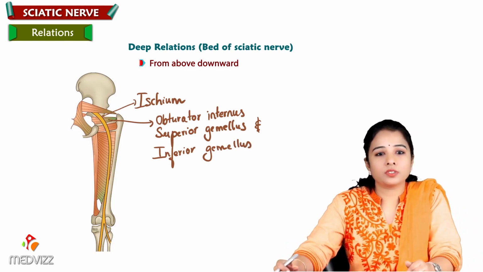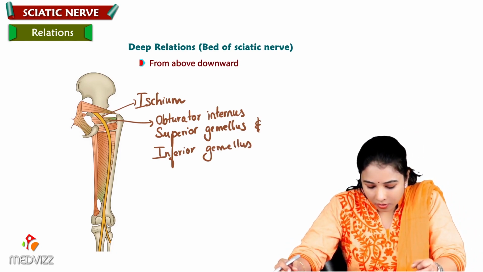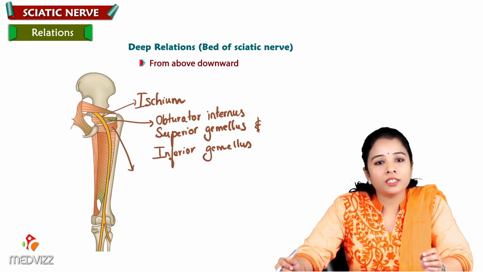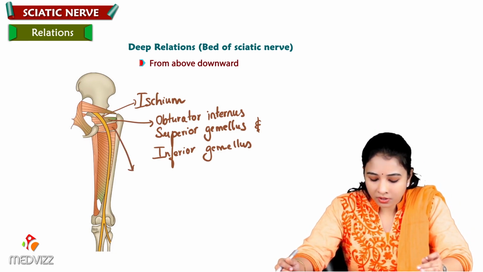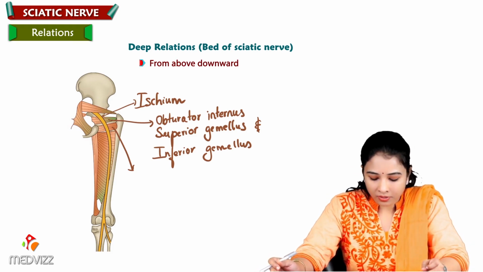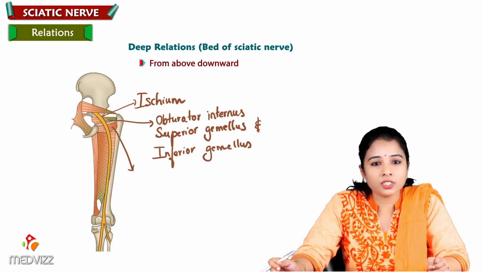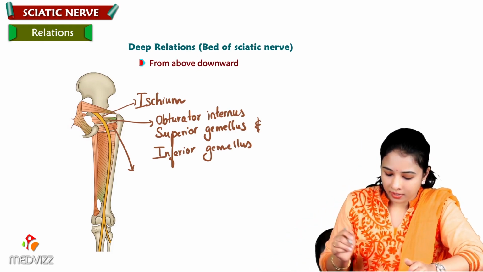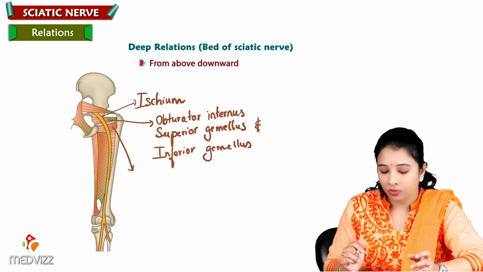So these three form the tricipital tendon. It is also related to quadratus femoris. So below the tricipital tendon, it is related to quadratus femoris. Quadratus femoris gets inserted to the quadrate tubercle, which is present on the posterior side between the greater and the lesser trochanter, on the intertrochanteric crest.